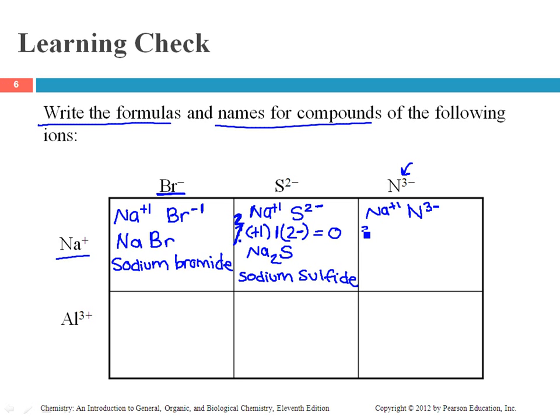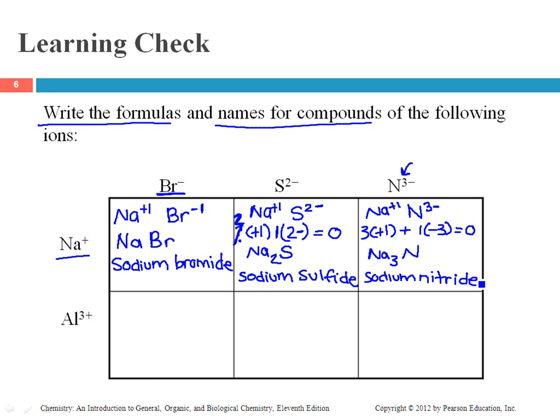So if we write this out, we would need 3 sodiums for every 1 nitrogen. 3 minus 3 equals 0. And we would say sodium nitride.